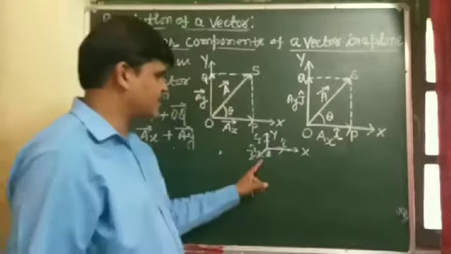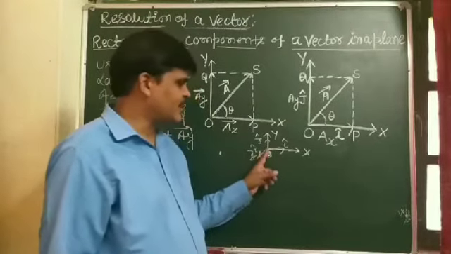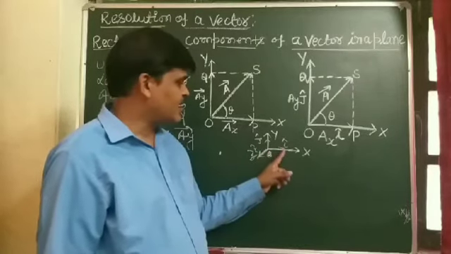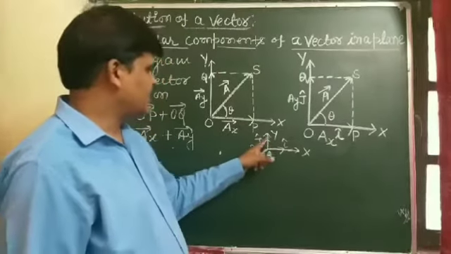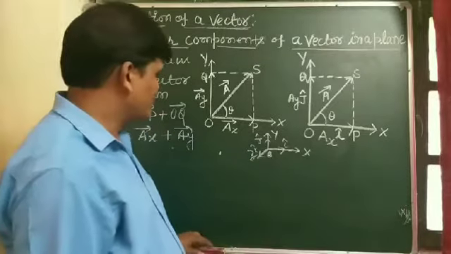One thing should be remembered: the unit vectors i, j, k. Unit vector i acts along the x-axis, unit vector j acts along the y-axis, and unit vector k acts along the z-axis.